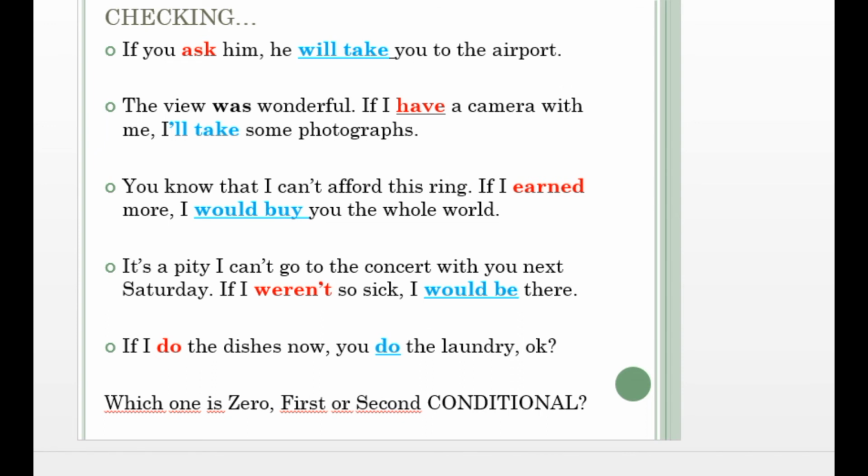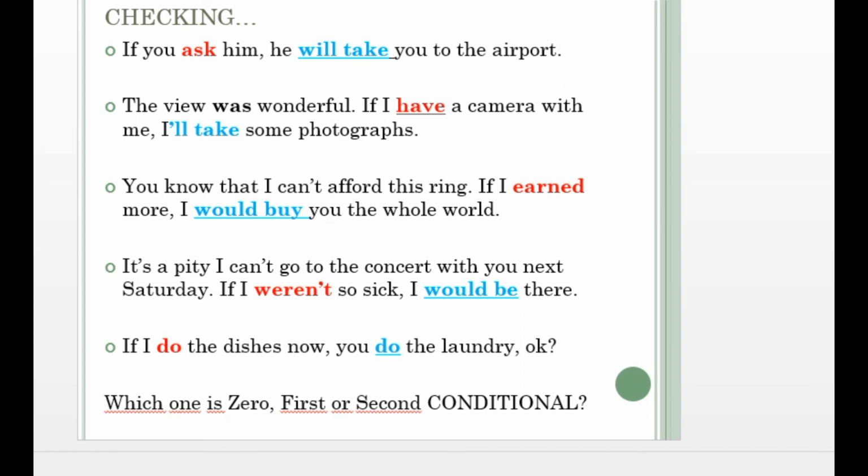If plus present, will plus the infinitive, we use this when we talk about first conditional. The second one, again, if plus present, in the main sentence, will plus the infinitive, first conditional. The third example here, if plus the past tense and would plus the infinitive, we're talking about the second conditional.